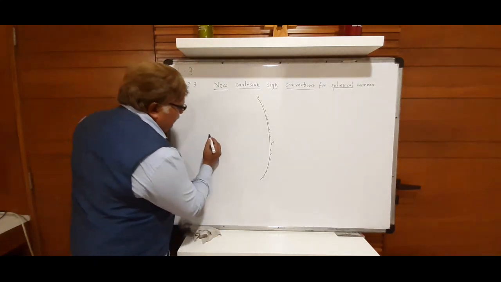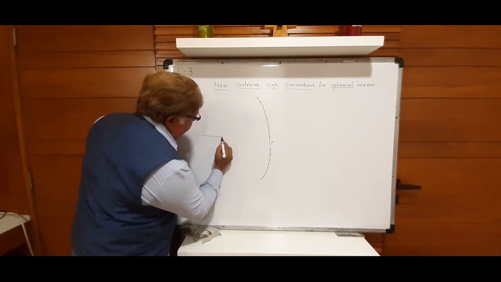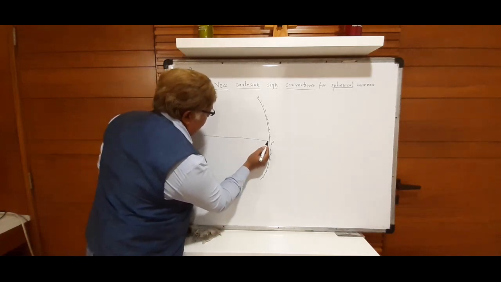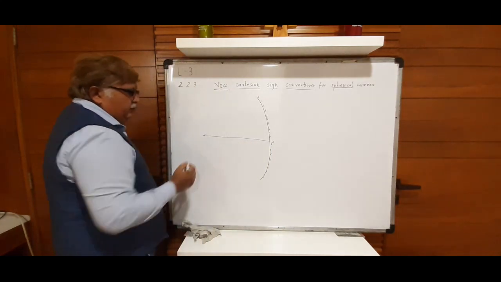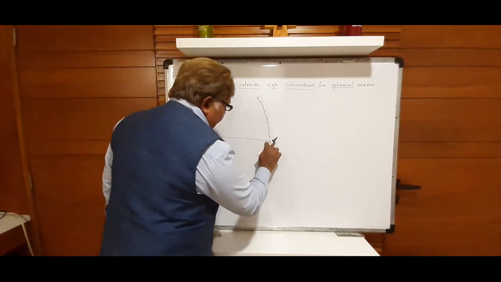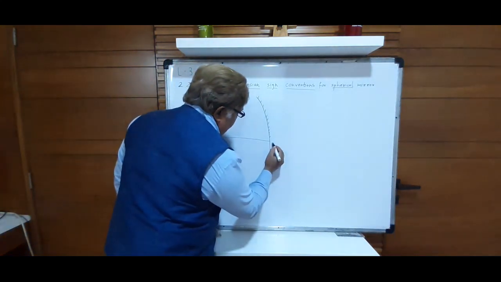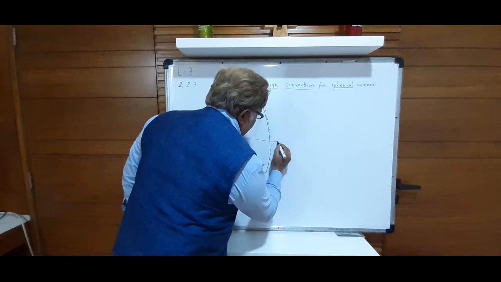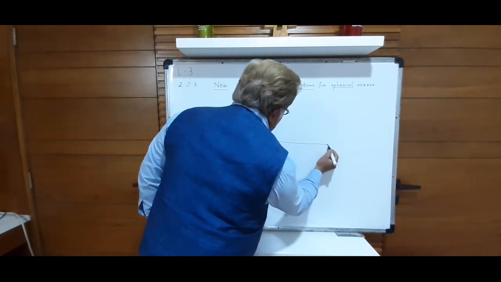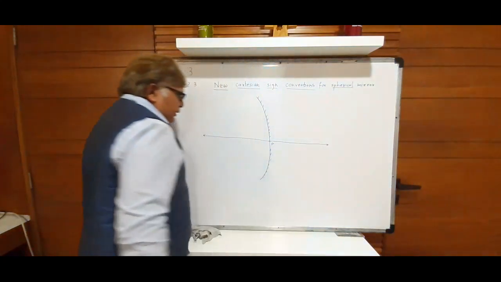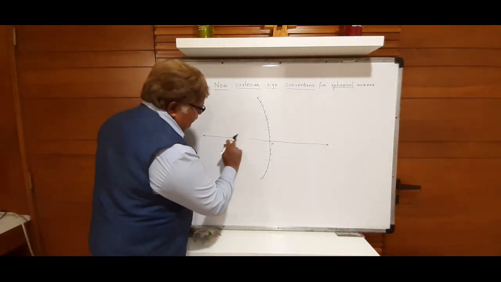Then I will draw the principal axis, but to make you understand all these rules, please extend the principal axis with me on both sides of the mirror. This much you need to do first.